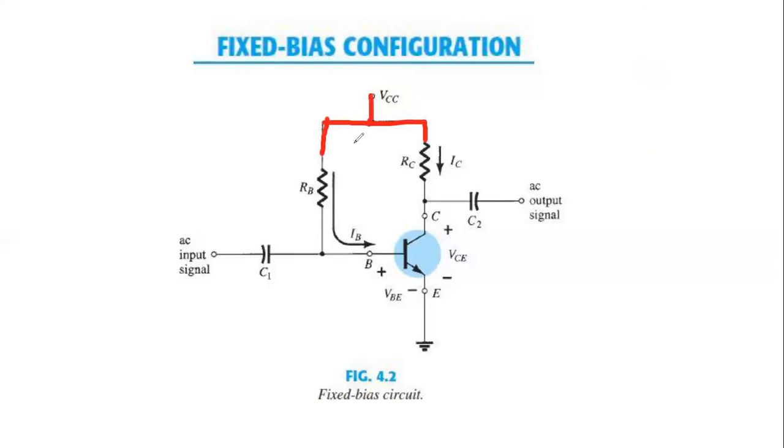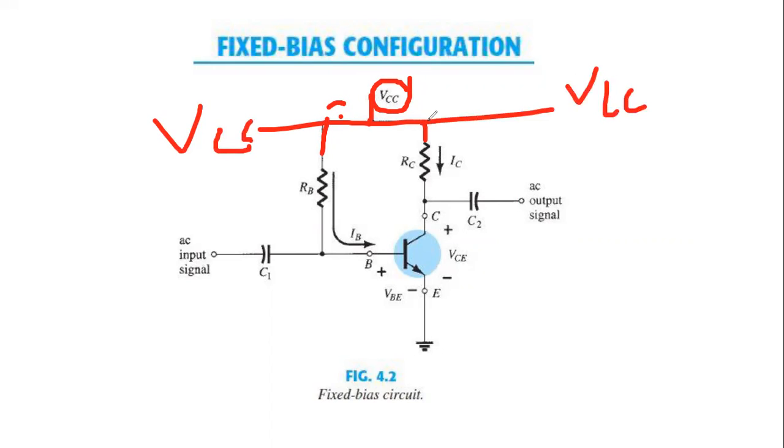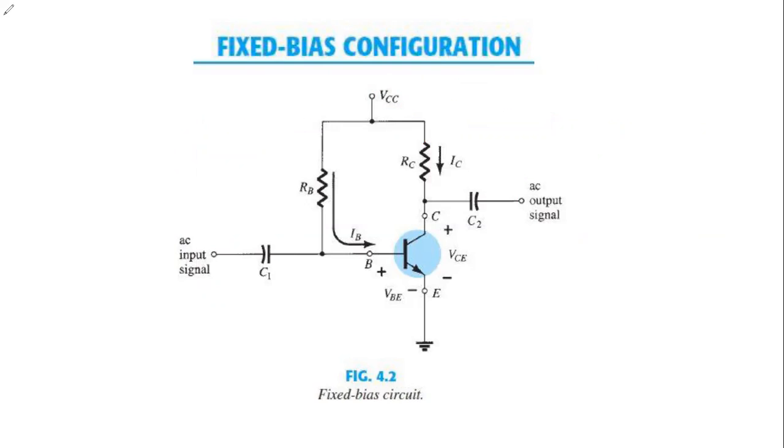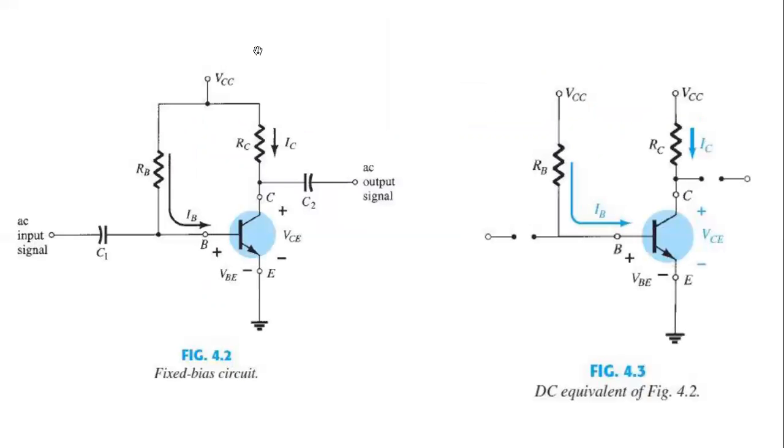So we can also divide this VCC into two parts, because from this point it is VCC, and at this point it is also VCC. Both are connected together to the VCC. We can either take this as a common, or divide it into these two terminals. Okay, let's go to the next slide, which will have much more detail.